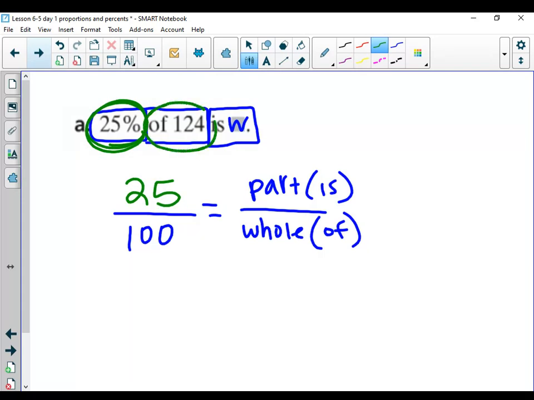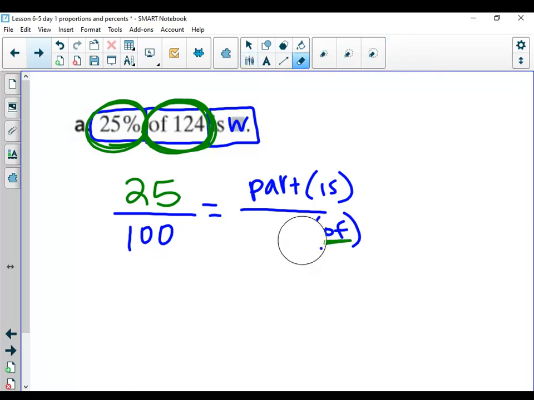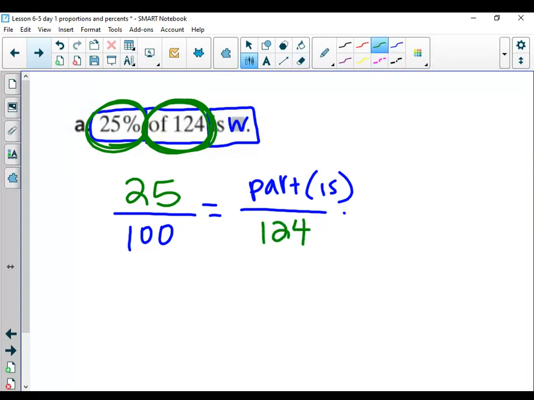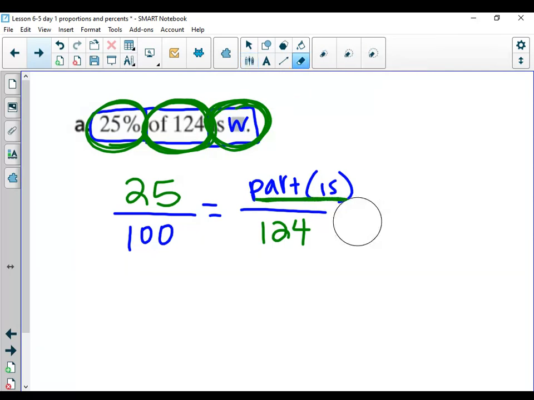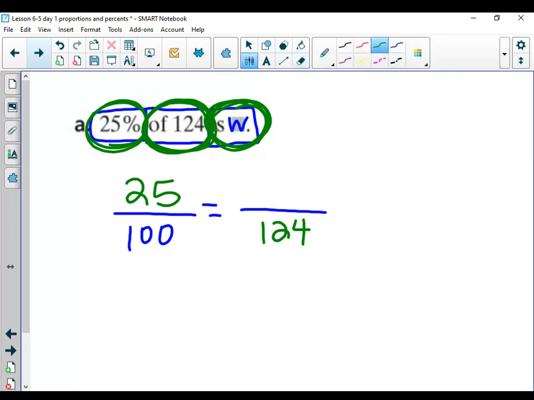Next, part of 124. So I'm going to replace my whole keyword of with 124. Last part is W. So I'm going to replace my part or my is. It can be W, it can be H, it could be X, it could be Z, whatever you want.